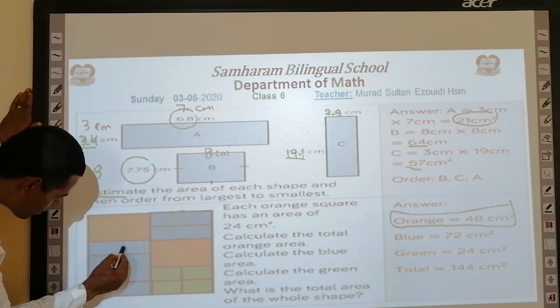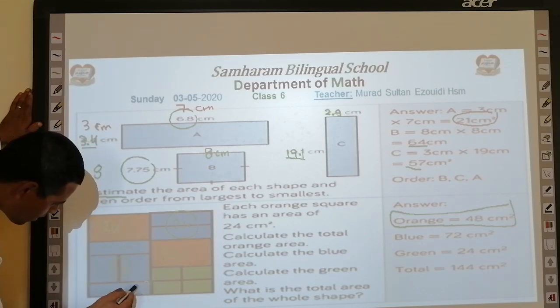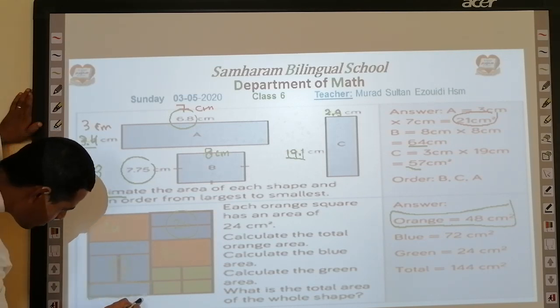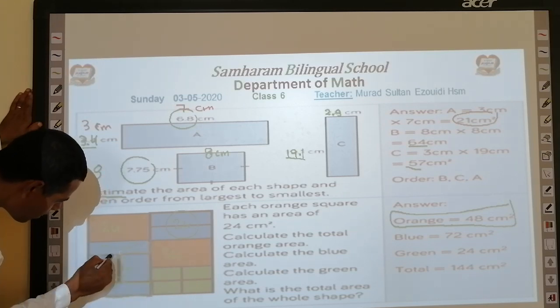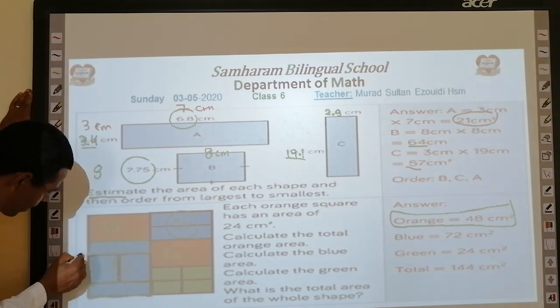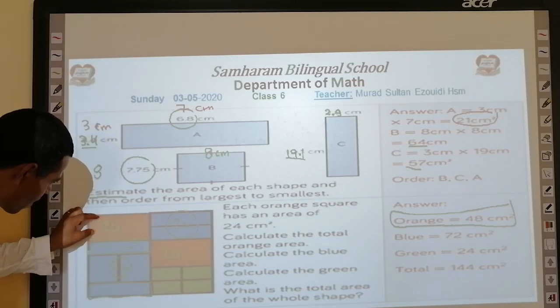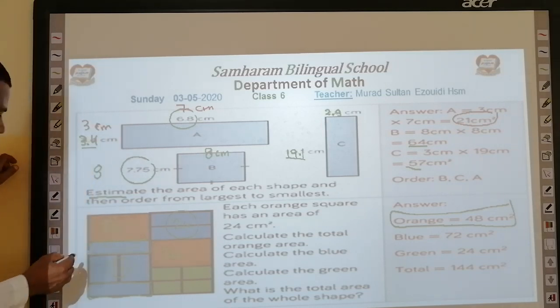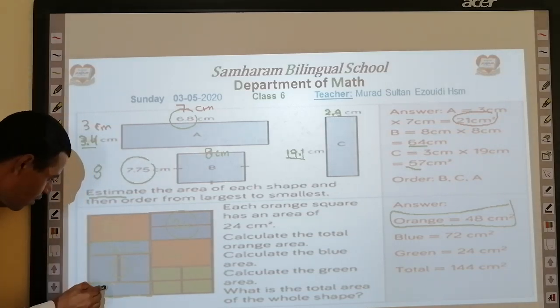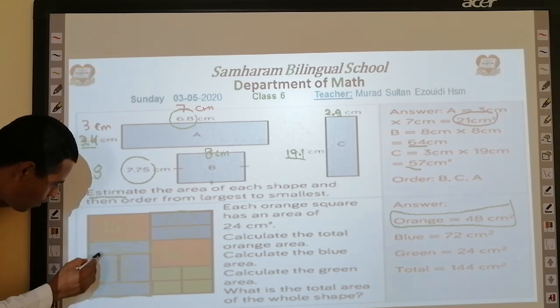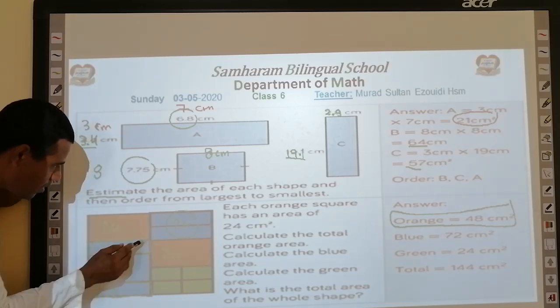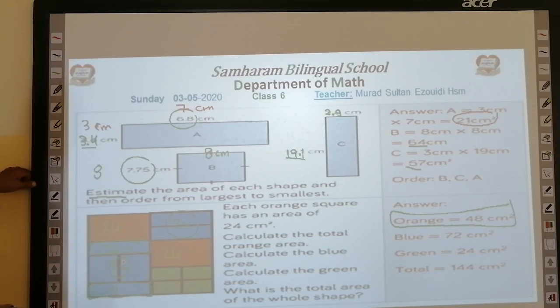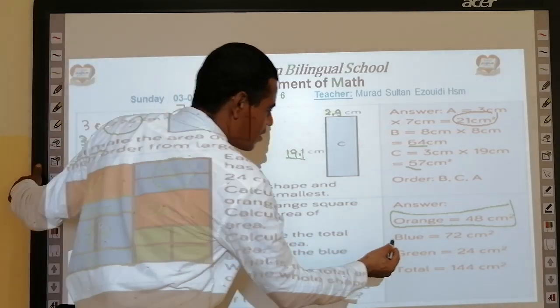And this one, my learners, in fact each small rectangle has an area of 24 divided by 2. I mean, this is 12, this is 12. So 12 plus 12 is 24, plus 24 is 48, plus 24 will be 72. So the blue one is 72.